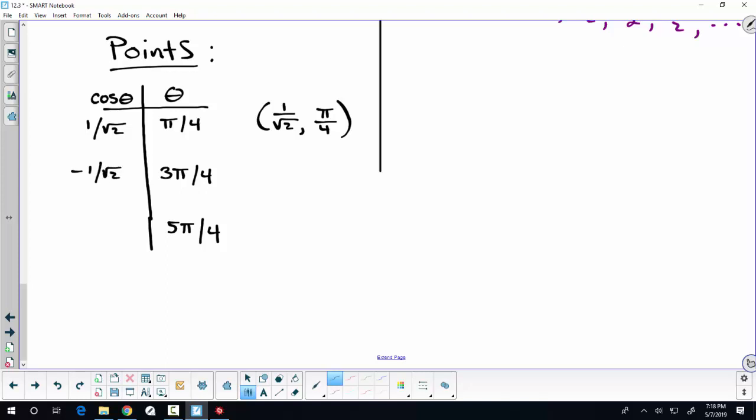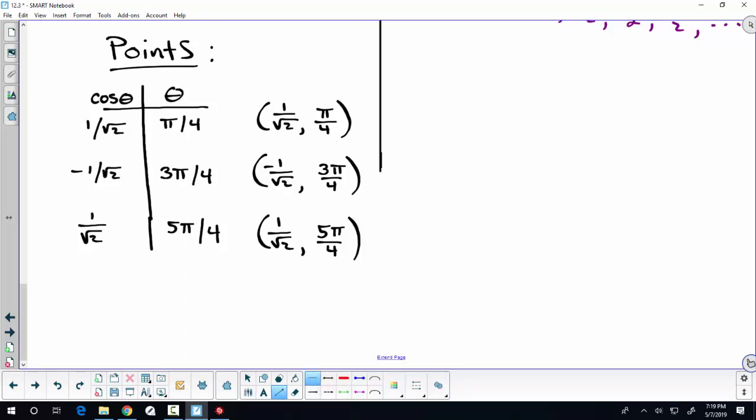So that point is negative 1 over root 2, 3 pi over 4. Then 5 pi over 4, again back to 1 over root 2. Shouldn't it be root 2 over 2? Yes, same thing if you rationalize the denominator.